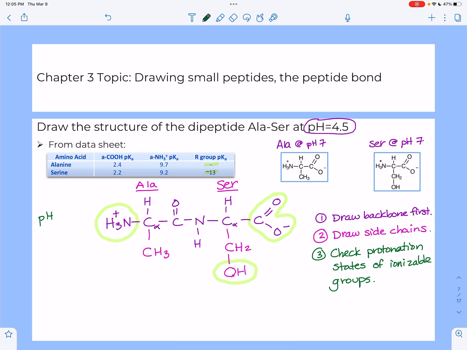So if we look at the alpha amino for alanine, the pKa is 9.7. So pH 4.5 is many units below the pKa of 9.7 for this group.